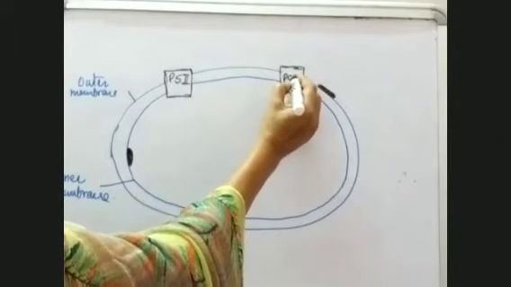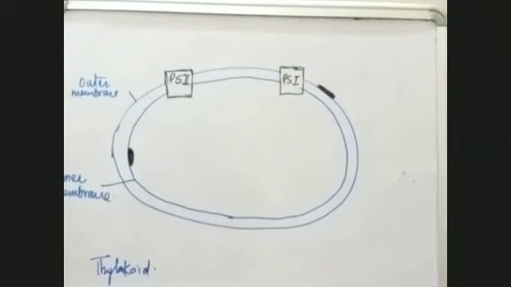PS1 is located here. So when the electron is excited from PS2, it jumps out and is accepted by the primary electron acceptor, and then it moves downhill when the energy is released, and it is received by various electron acceptors in the electron transport system. When we did non-cyclic, we studied there were three complexes of electron transport system.